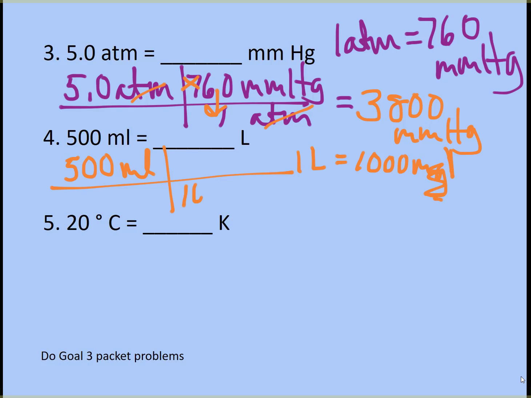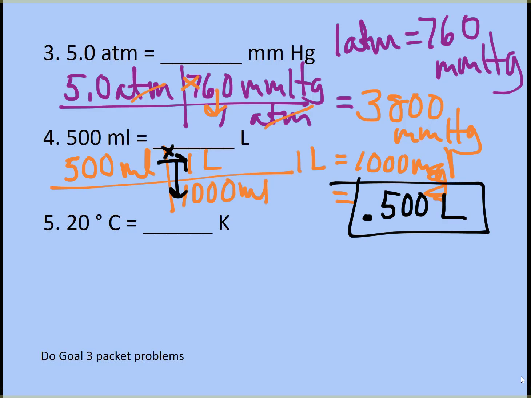So I have 1,000 milliliters and 1 liter. And remember to do the math. As you go across, you multiply. So 500 times 1 is 500, and then divide it by 1,000, and I'm going to get 0.5 liters.